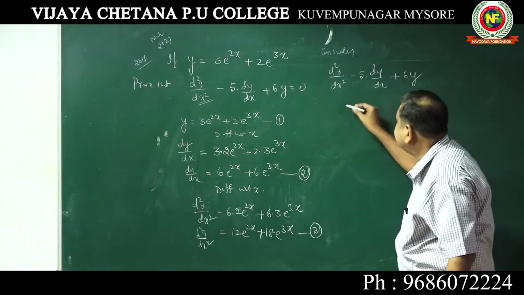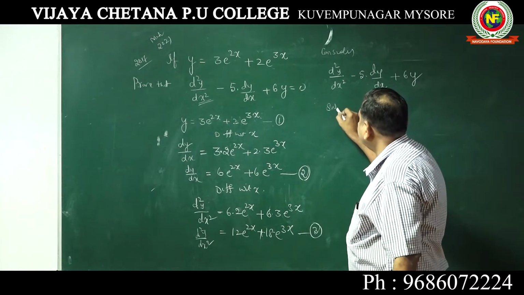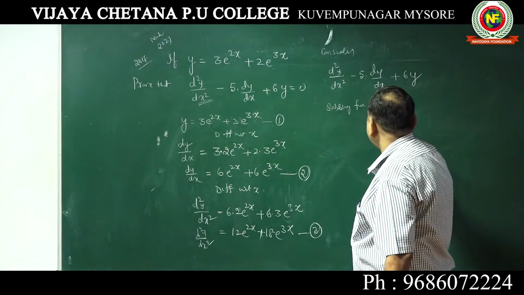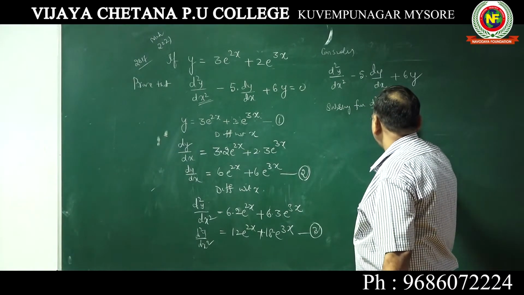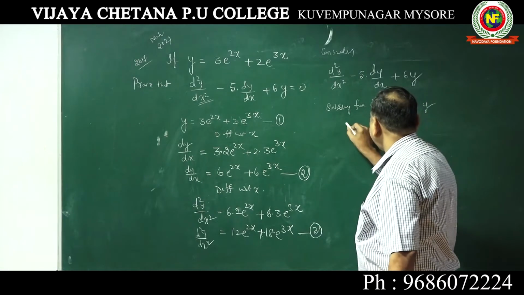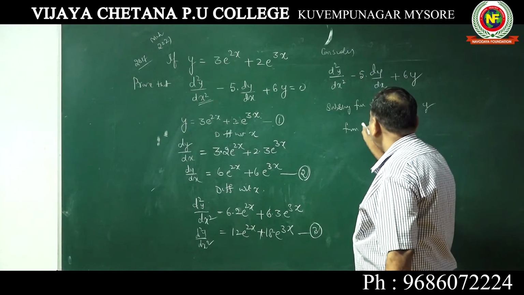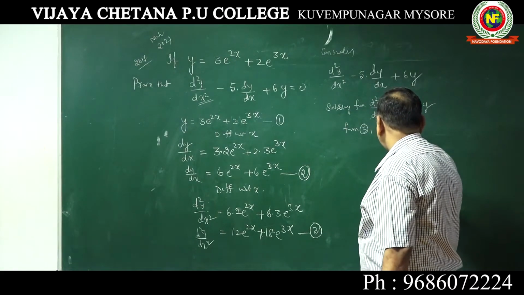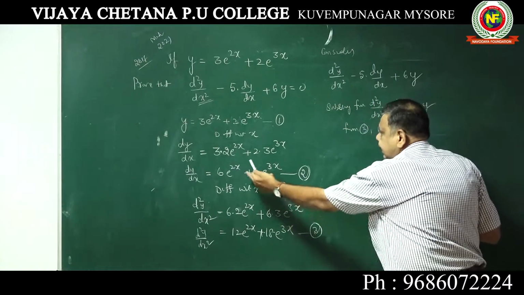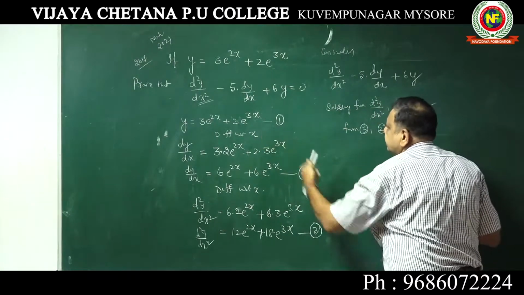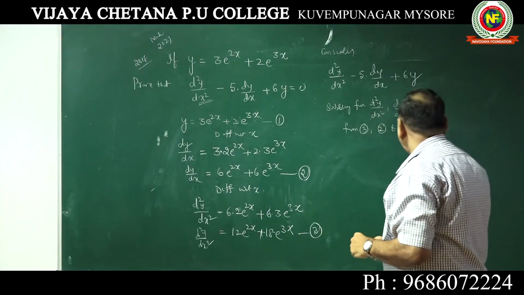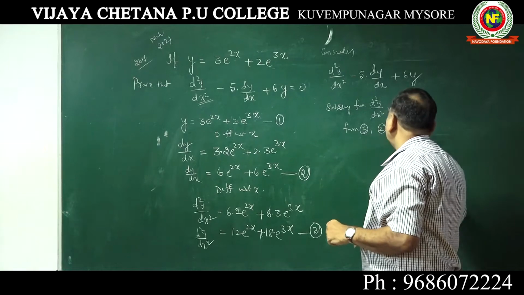Now what you do is substitute for d square y over dx square, dy by dx and y from 3 to 1. Number 3 is d square y over dx square, number 2 is dy by dx, and number 1 is y.